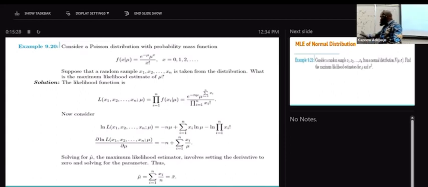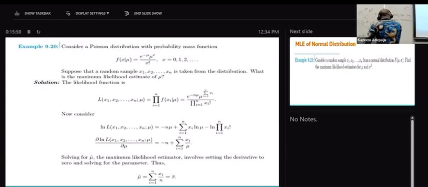Now, if I have this as a likelihood function of a Poisson distribution, what is the next thing I'm going to do? Take the log of the likelihood. Take the log. When I say the log, I mean the logarithm of the likelihood.